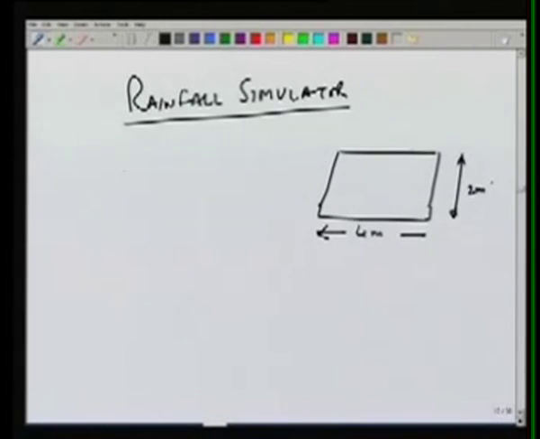The rainfall will be simulated by putting some nozzles above this area. As we saw in the evaporation experiment, we can do a similar setup, put some plants here and measure the evapotranspiration. But here our interest is measuring the runoff.